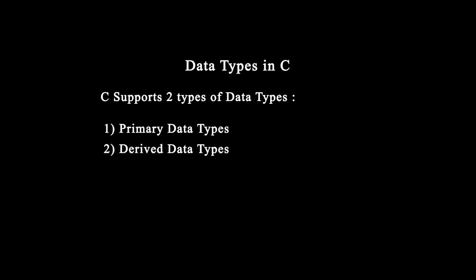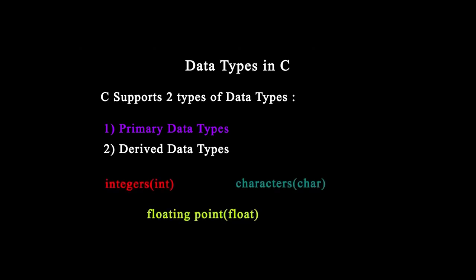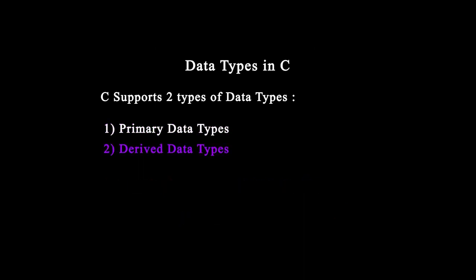Basically, C supports two types of data types, which are the primary data types and the derived data types. The primary data types are the fundamental data types, namely integer, floating point, character, and void. The derived data types are just the primary data types, but with a little twist or grouped together, like arrays, structures, union, and pointers.